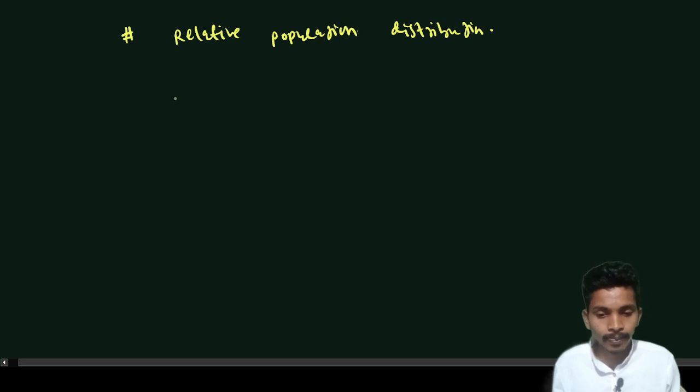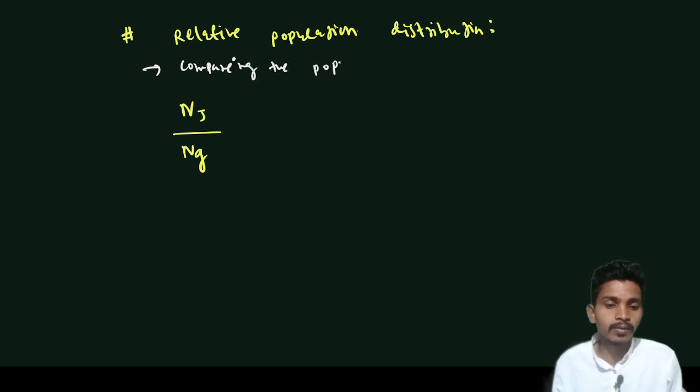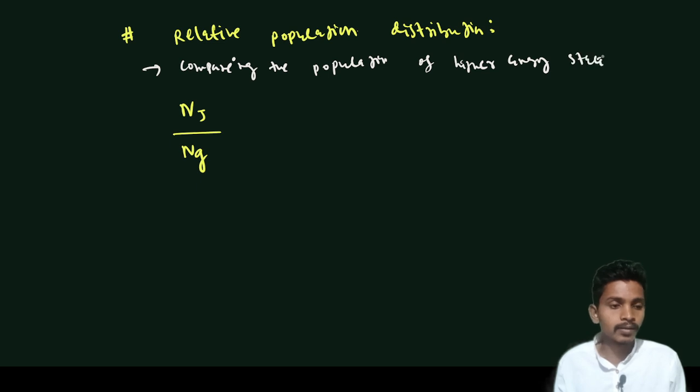Whenever you take n for j, at the excited state and ground state, we are comparing the populations of higher energy states with respect to the ground state.